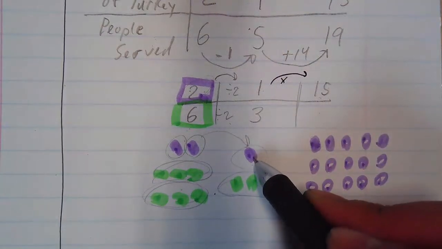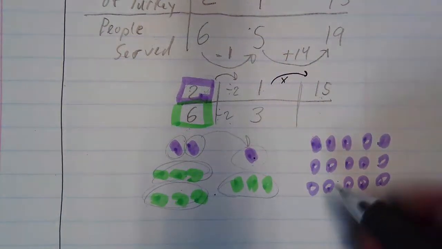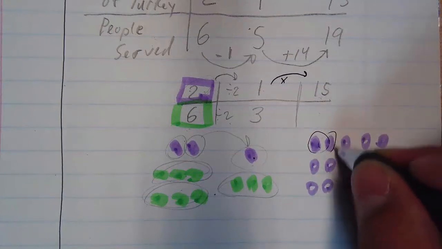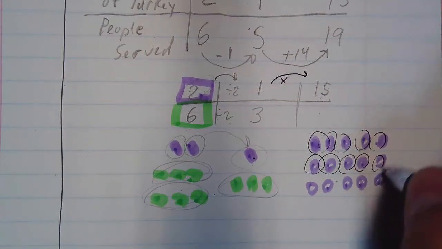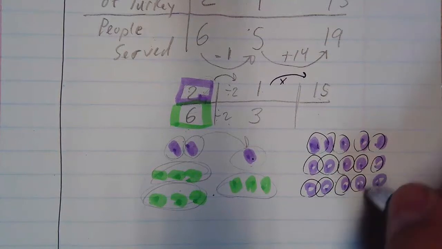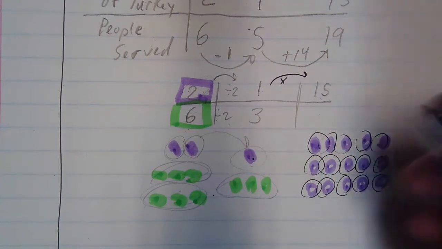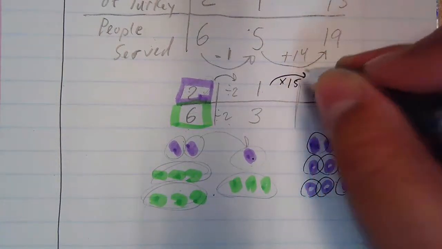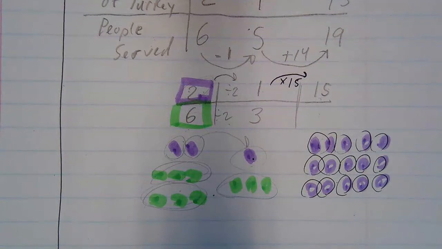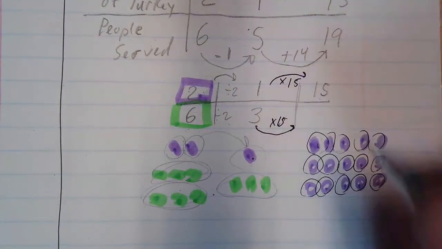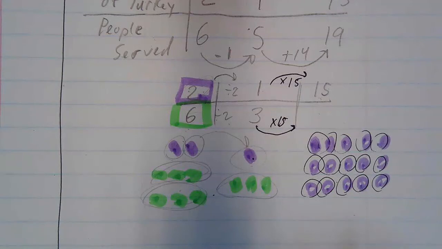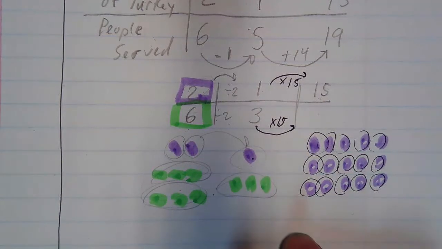So how many groups of 1 do I have here? How many groups of 1? 15. That's right, it's 15. All right. And then the same thing here. You multiply this by 15. And what's 3 groups of 15? Or 15 groups of 3?